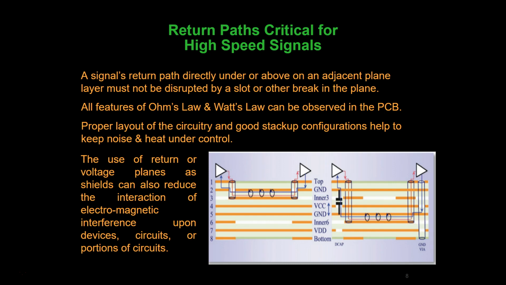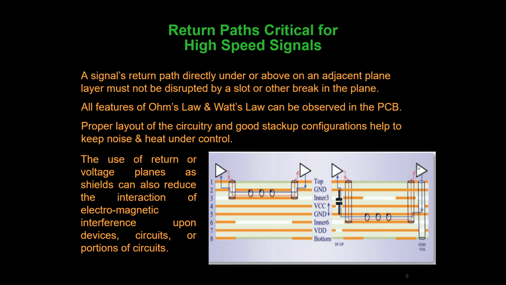Most designers only think about where the signal current flows and ignore the path taken by the return current. To address this concern, we must understand how high frequency current flows in a conductor. First, the lowest impedance return path is in the plane directly underneath the signal trace, since this provides the lowest inductance path.